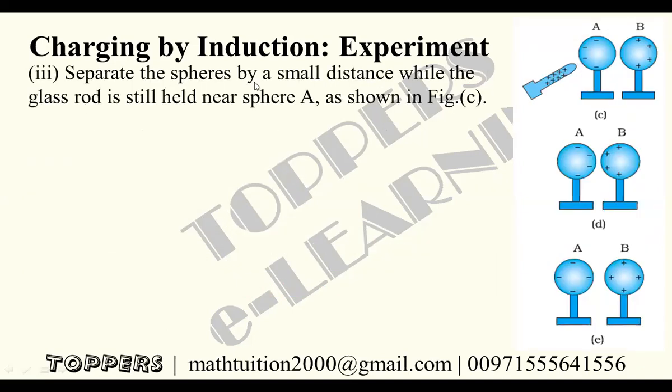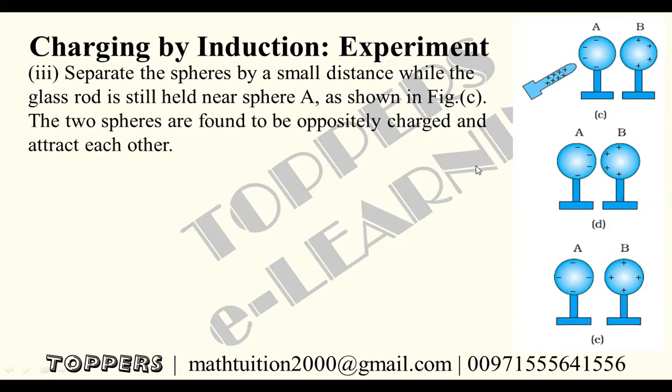Now separate the spheres by a small distance while the glass rod is still held near sphere A as shown in figure C. We are keeping this positively charged rod as it is, but we are separating these two bodies by a small distance. The two spheres are found to be oppositely charged and attract each other.